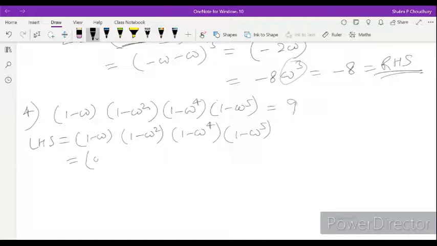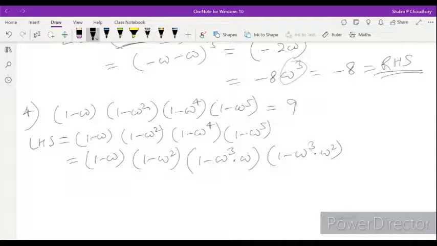Here we'll write 1 minus omega as it is, and 1 minus omega square as it is. Next, 1 minus omega to the power 4 we can write as omega to the power 3 into omega, and 1 minus omega to the power 5 we can write as omega to the power 3 into omega square.